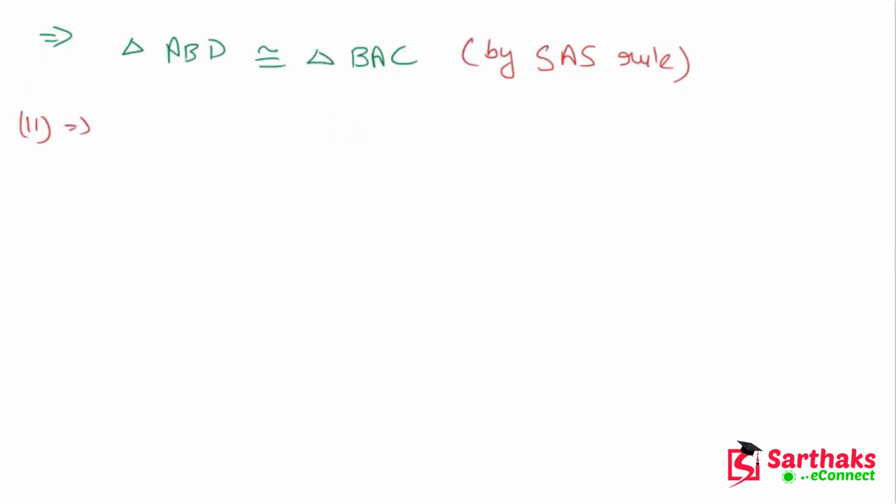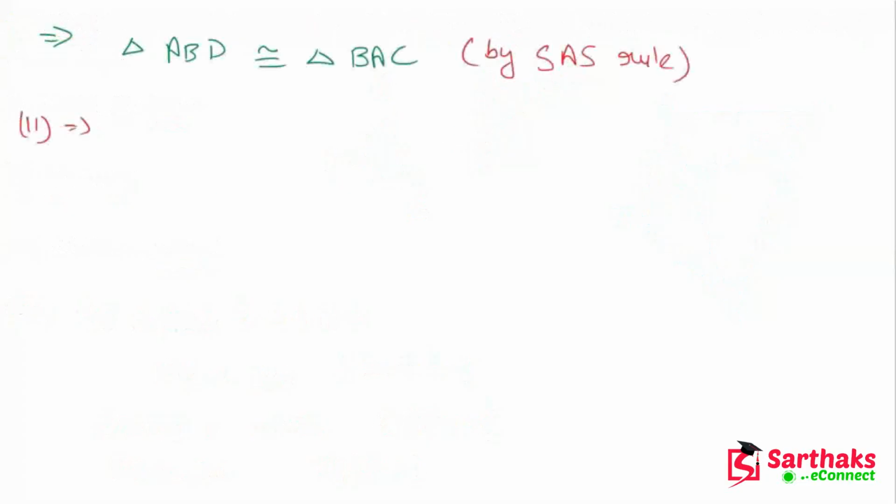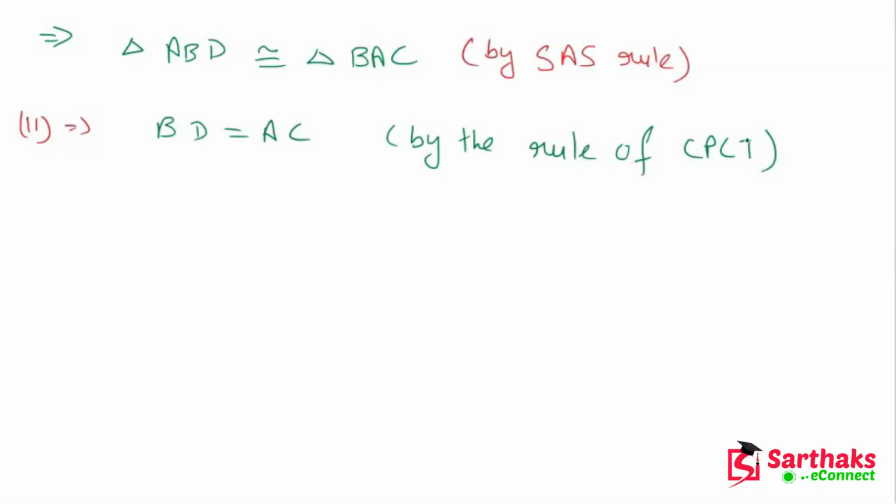Now, in the second part, we have to prove BD is equal to AC. They are the corresponding parts. So we can say that BD is equal to AC, and we know that triangle ABD is congruent to triangle BAC, by the rule of CPCT, corresponding parts of congruent triangles, which are always equal.